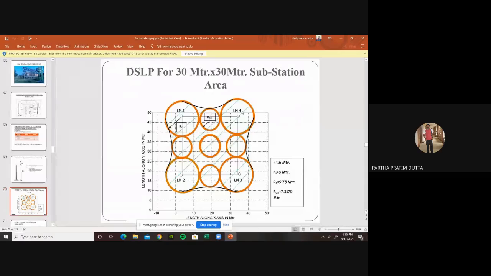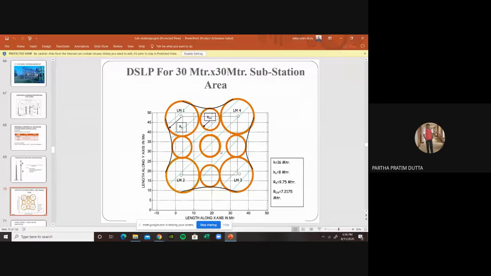Another astonishing thing is that these circles altogether create a circle in between them, and that is also protected from the lightning. So they can create 4 circles each with a radius of Rox, and altogether these circles create another circle in between them, that is also protected from the lightning.